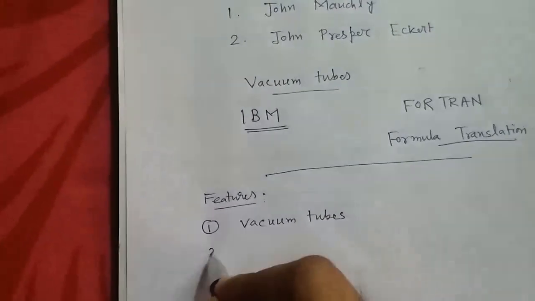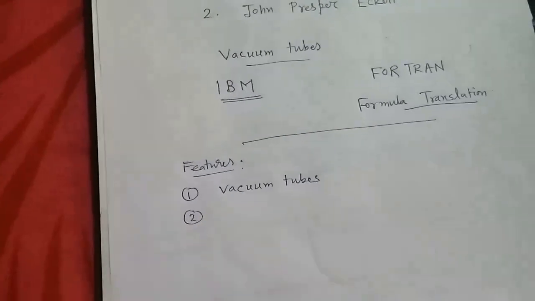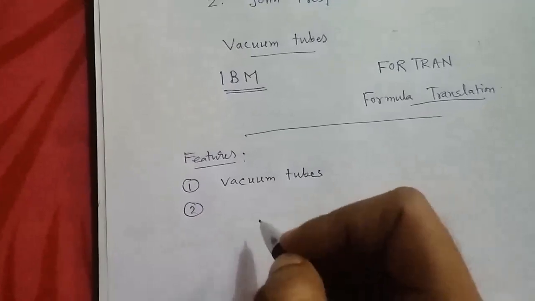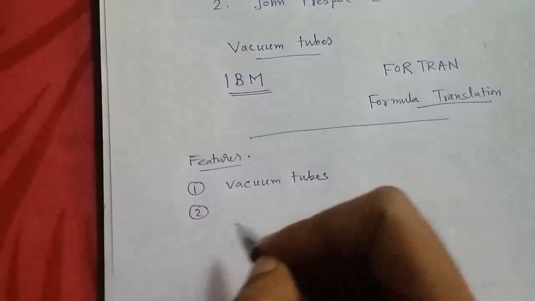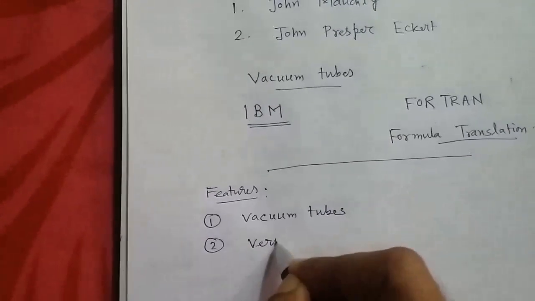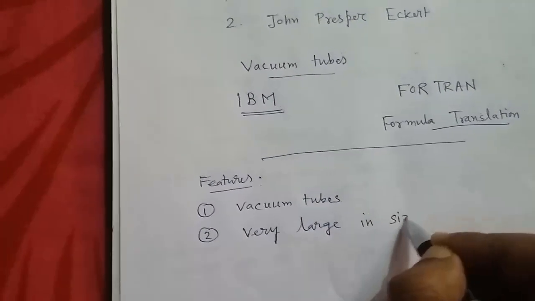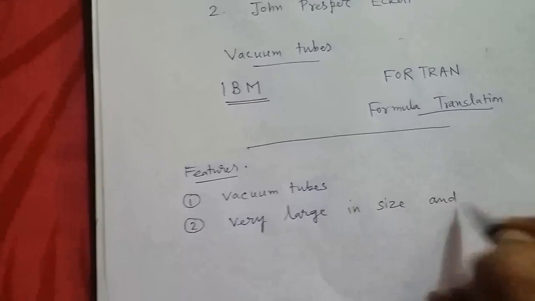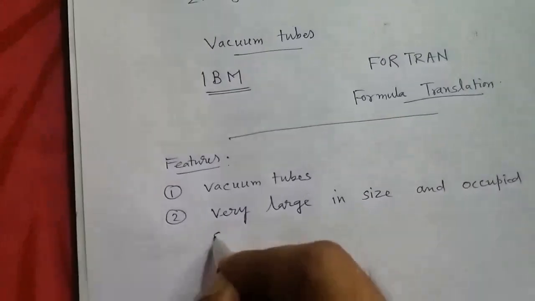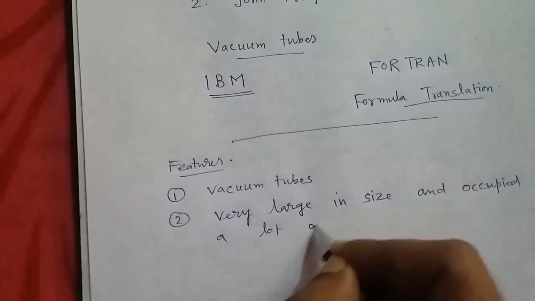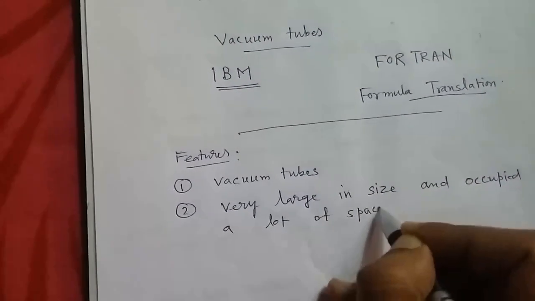Number 2, due to the use of vacuum tubes, these computers were very large in size and occupied a lot of space.